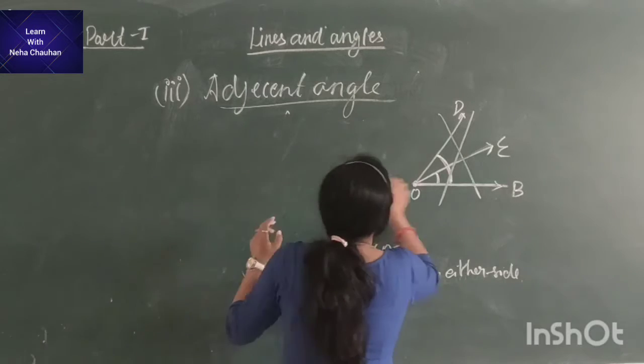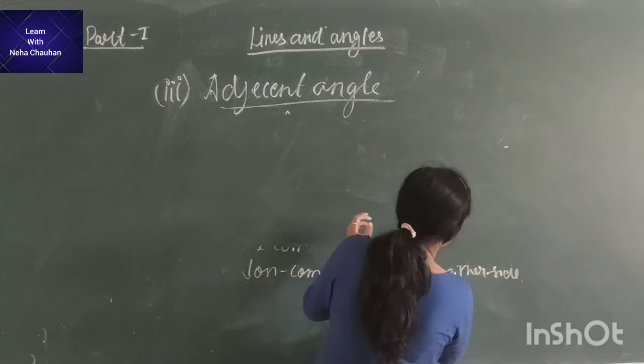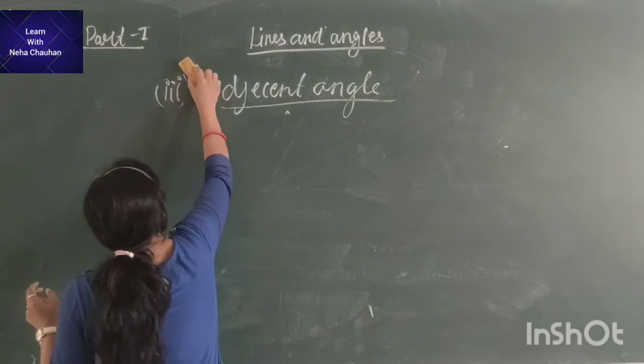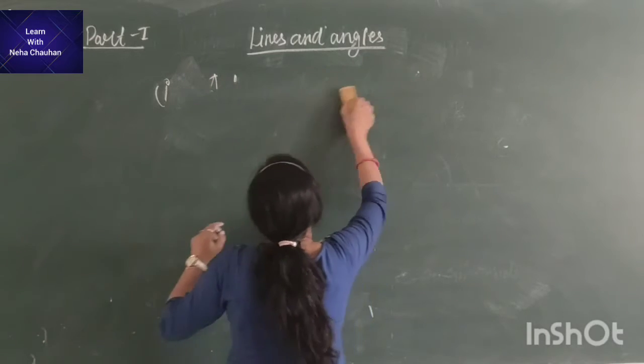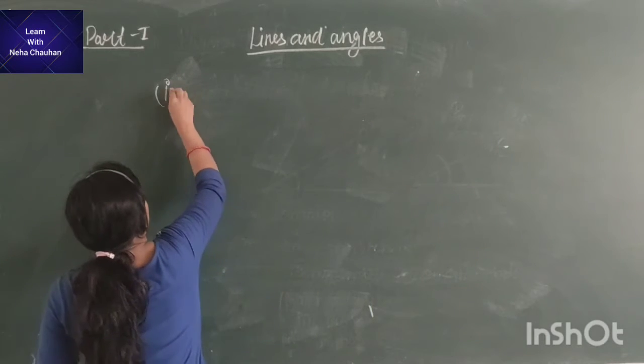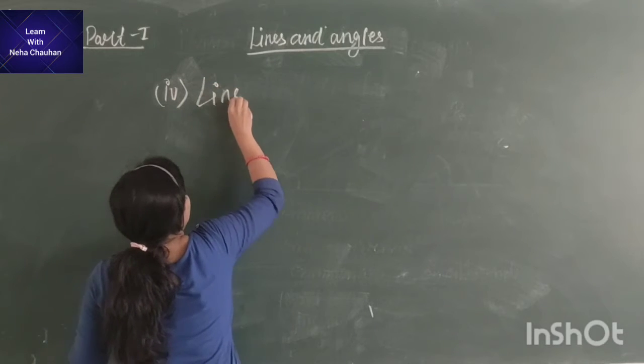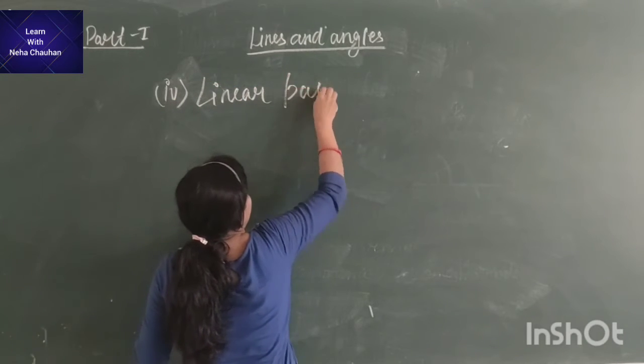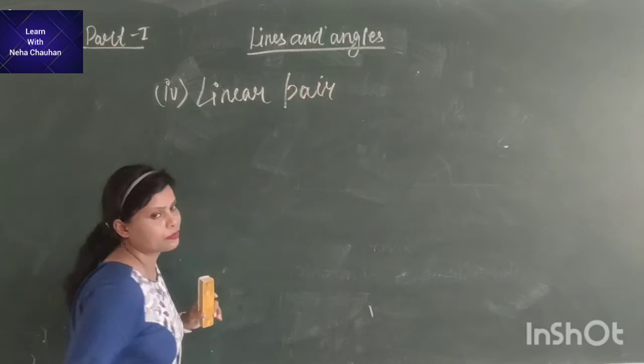Now, moving to the next pair of angles, that is linear pair. So what is a linear pair?